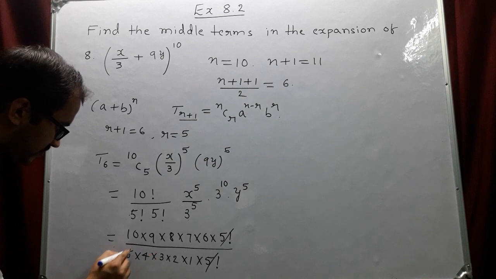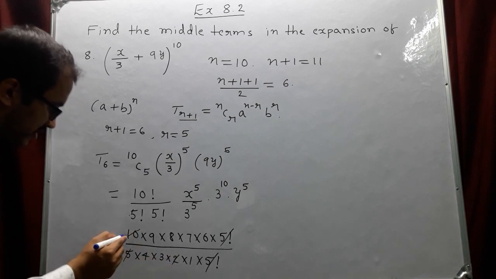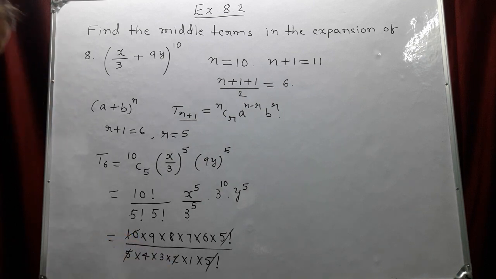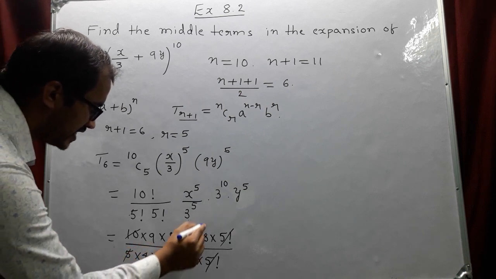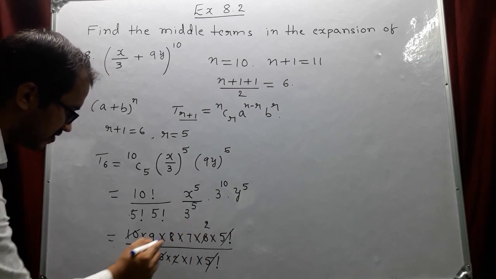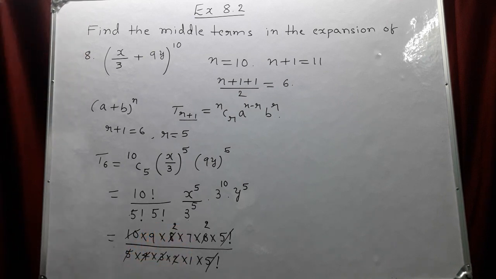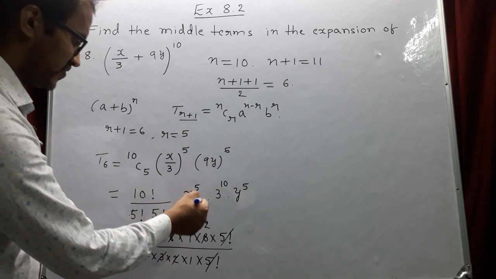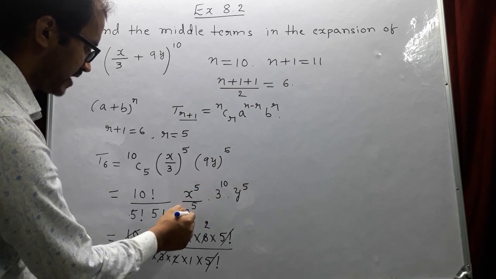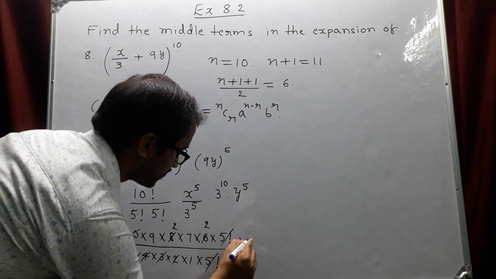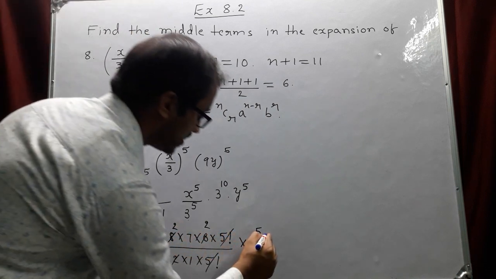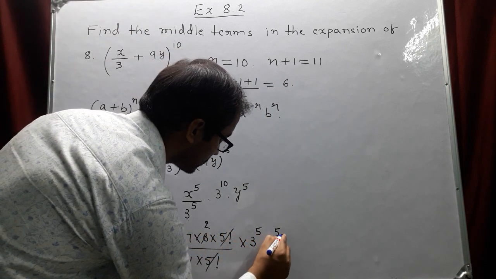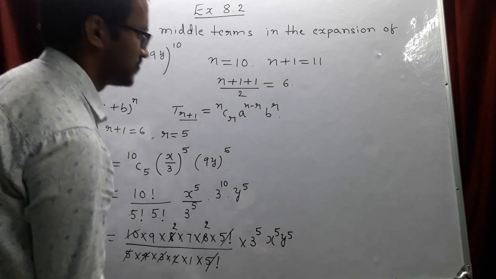Again here, 5 2s are 10, we can cancel 10. Similarly, 3 2s are 6, 4 2s are 8, into 3 power 10 by 3 power 5. So that is 3 power 5 into x power 5 y power 5.